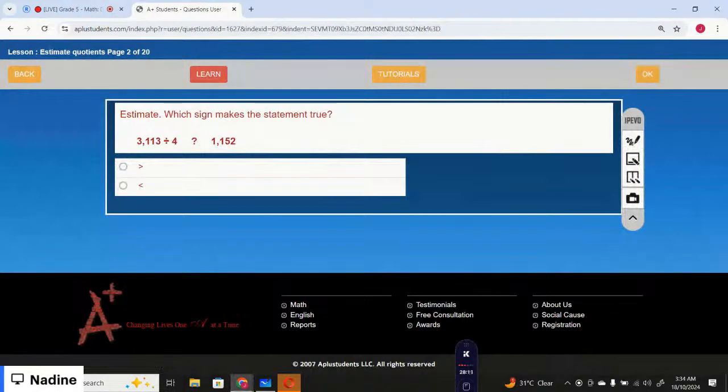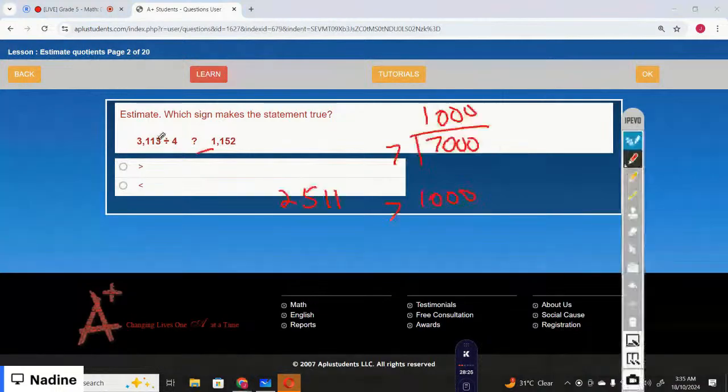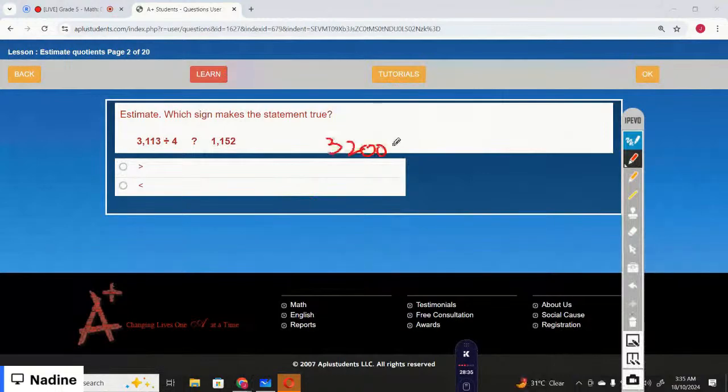Okay, the next one is estimate 3113 divided by 4. So you can estimate 3113 to 3200. That is 3200 divided by 4. Then you have to compare it to 1152.